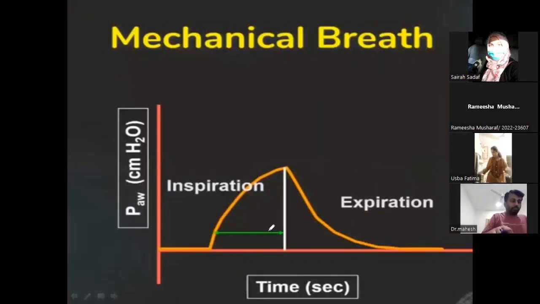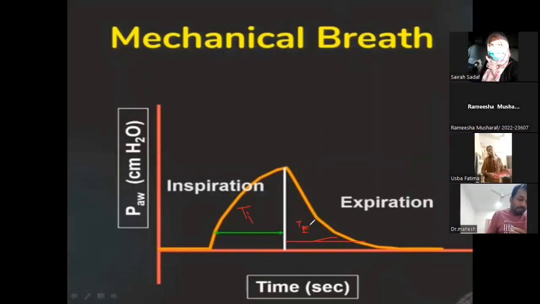Let me use this other marker. If we say how much time is used for inspiration, we will write it here as Ti, the time required for inspiration. And if we say how much time was utilized for full expiration, we will write it down as Te. Te is the time for expiration.